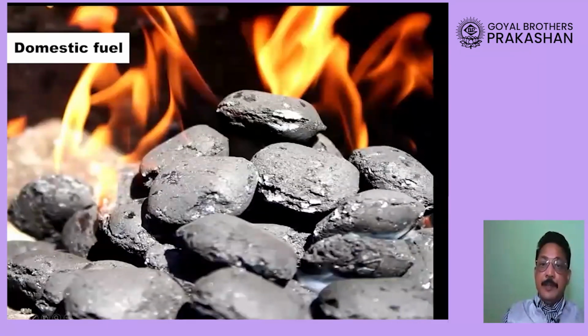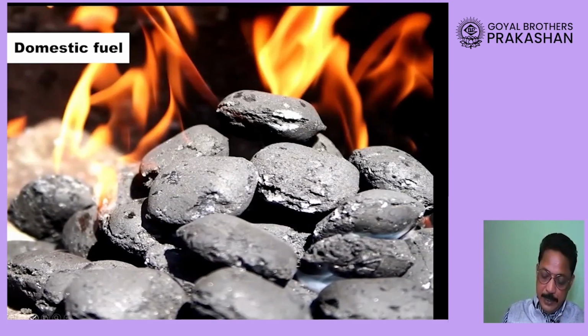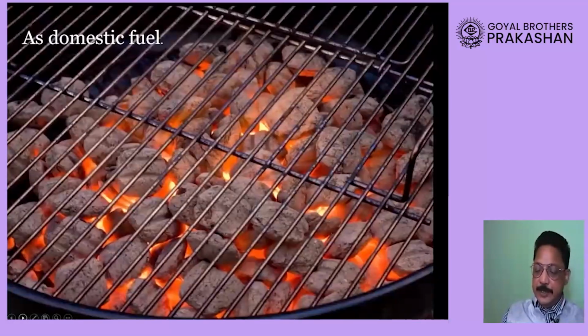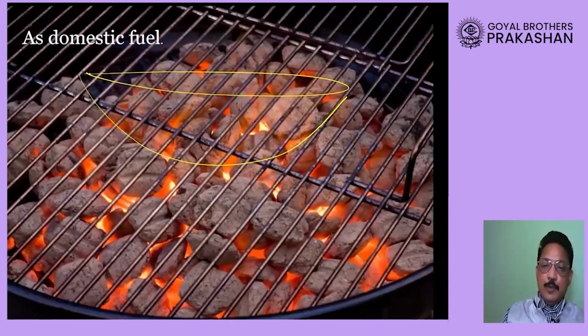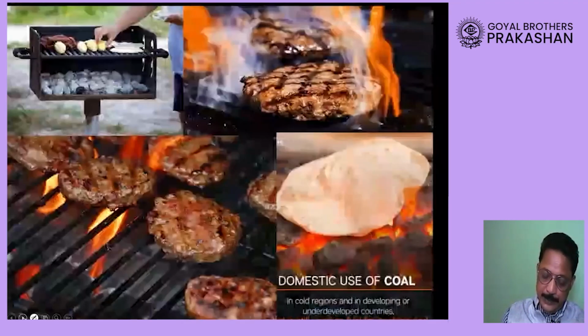Now, domestic fuel, that means we can use coal directly in our day-to-day life for cooking food as well as heating water. Now you can see here, you can keep your vessels on this and directly cook food on the heat that is produced over here.